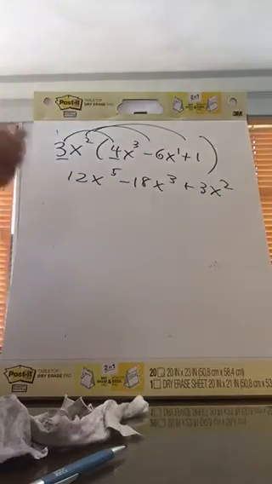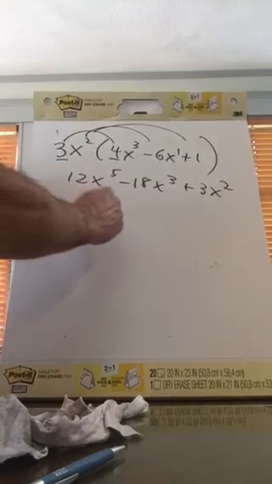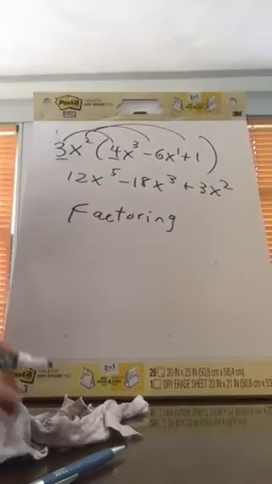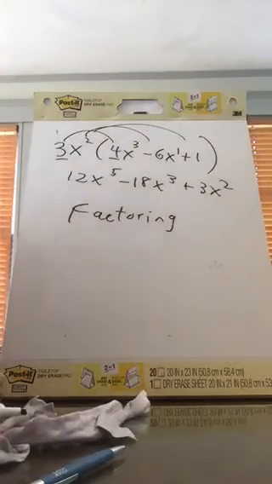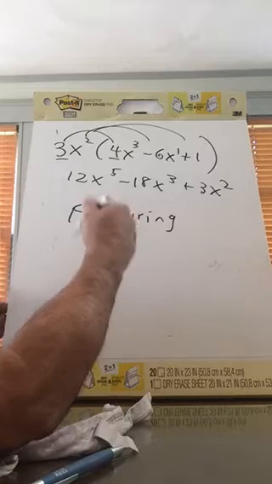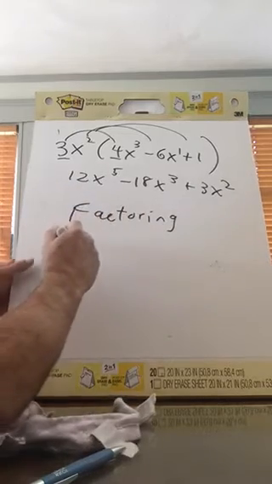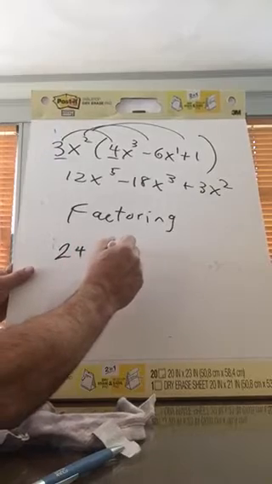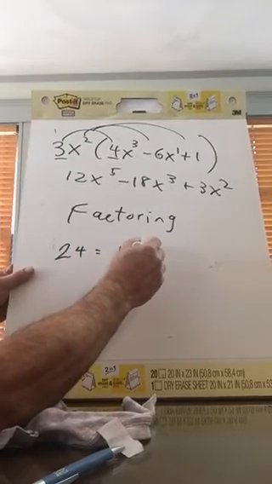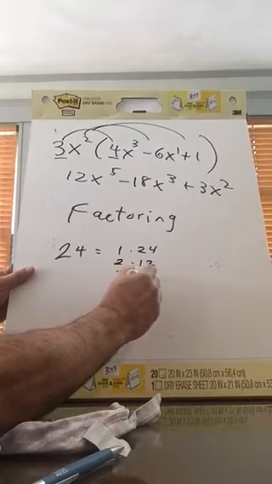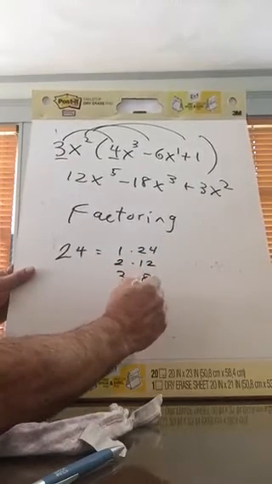Now, factoring is kind of a reverse process of multiplying. Factoring a number means to break it down into smaller numbers that multiply together to give you that number. For example, 24 can be factored into 1 times 24, or 2 times 12, or 3 times 8, or 4 times 6.